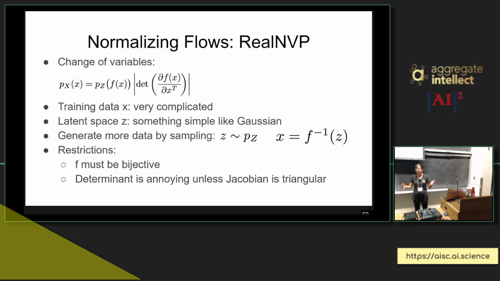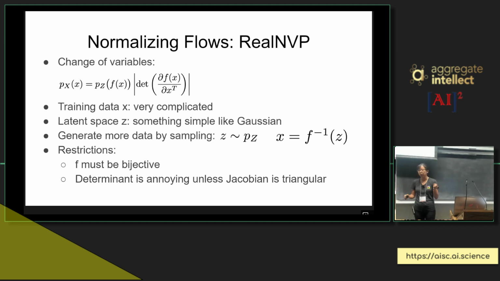And the cool thing about z is that it's going to look a lot like a distribution that we can work with that's a lot easier to deal with, like a Gaussian. And basically, for the Gaussian, we already know its probability density function, so it's really easy to compute the probability of samples. And we also know how to draw samples from it so that we can generate things.